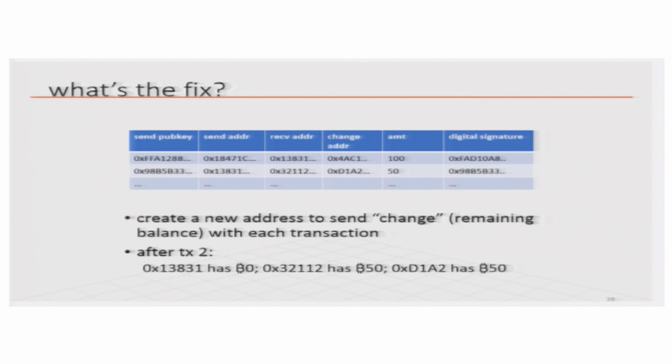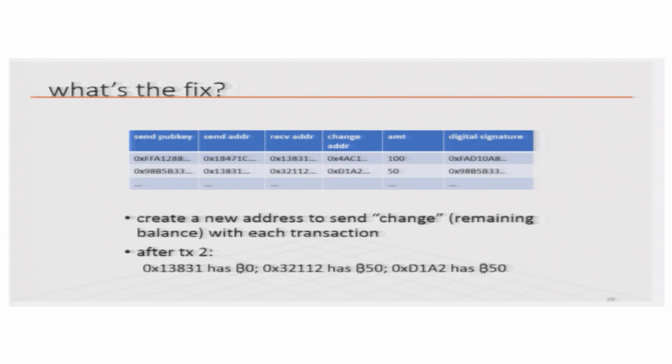So now the original address will have 0 left, whereas the receiver of the transaction will get 50 and the rest of the 50 will come to my own different address, what we call an alias address.